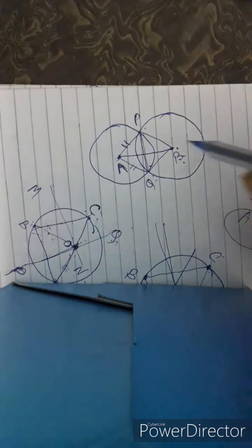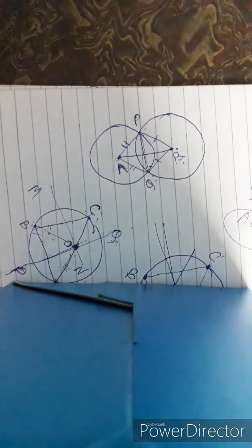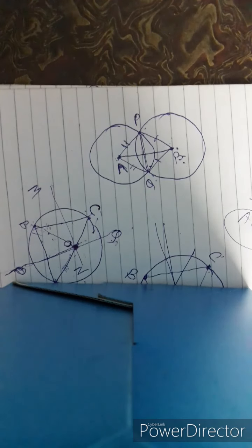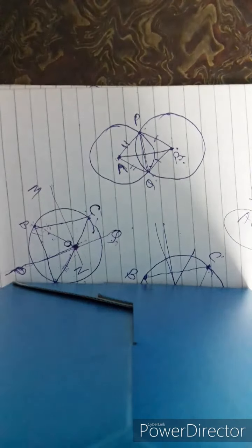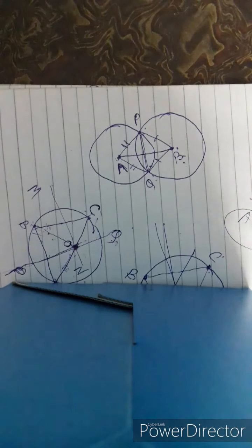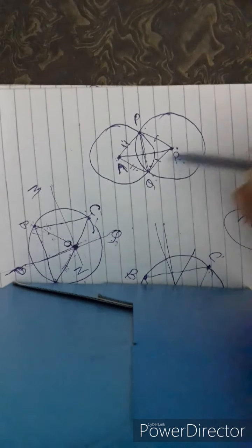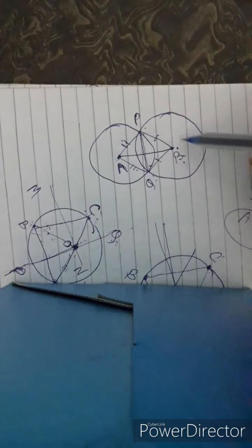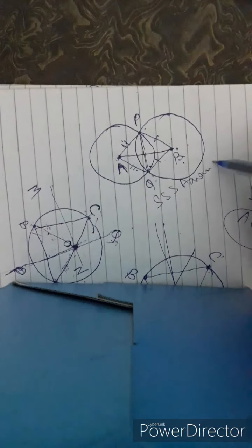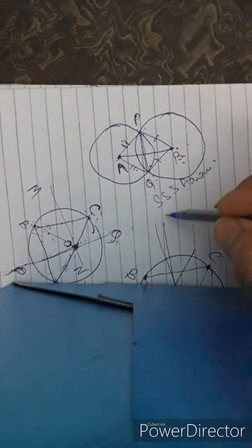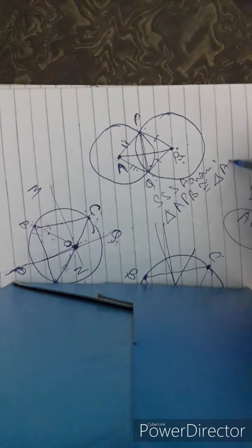Similarly, BP equals BQ, since they are two radii of the other circle, so they are equal. AP equals AQ, BP equals BQ, and AB is common between them. So by SSS axiom, we have proved that triangle APB is congruent to triangle AQB.